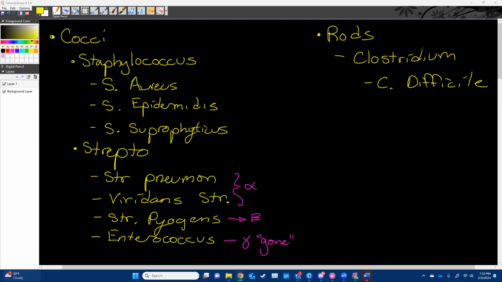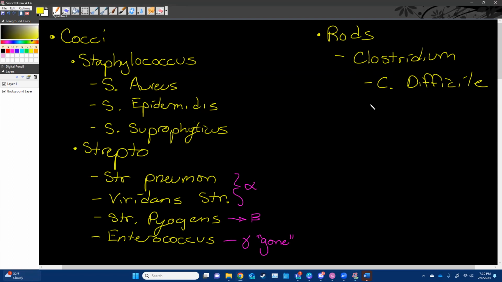You end up with C. diff. Other ones that we see less commonly but are still out there are tetani, which is the one that causes tetanus, and botulinum, which is what causes botulism.